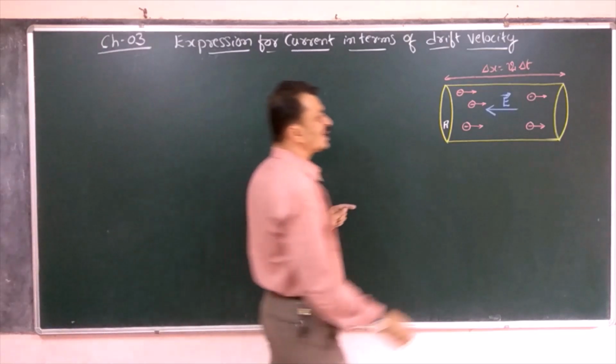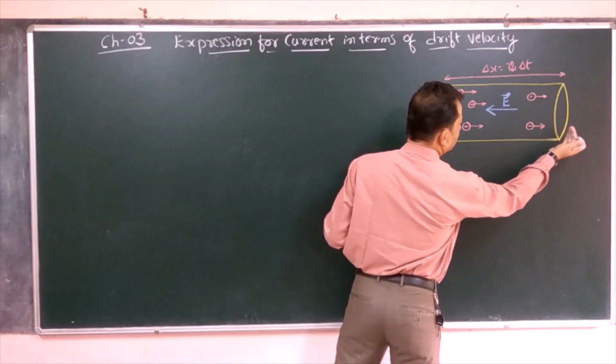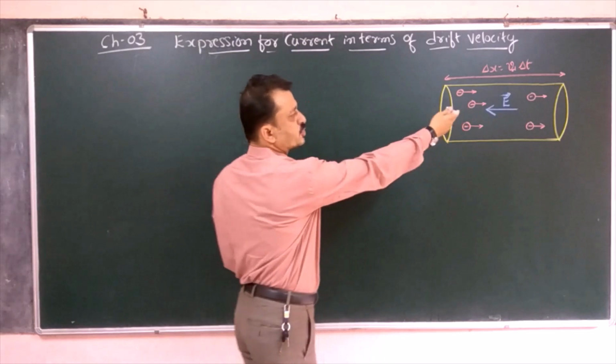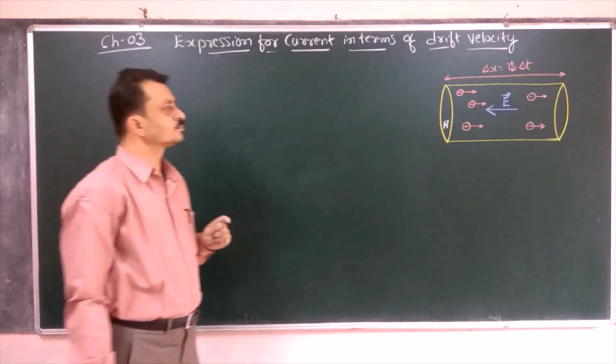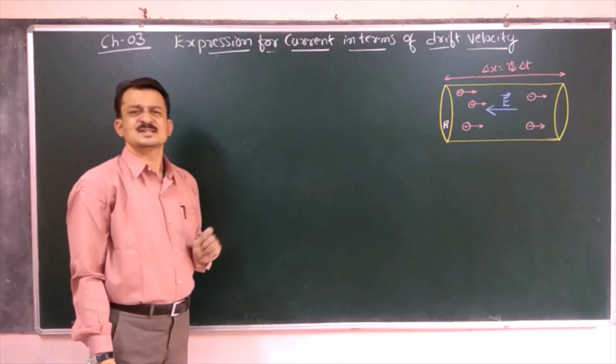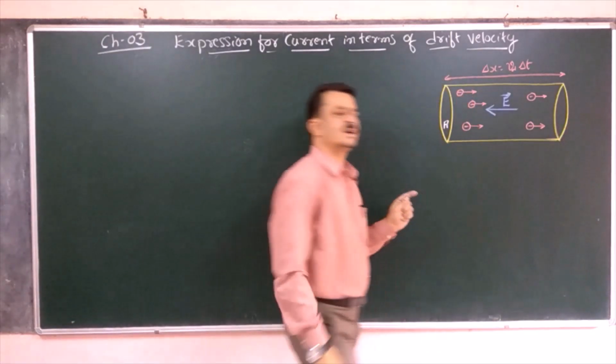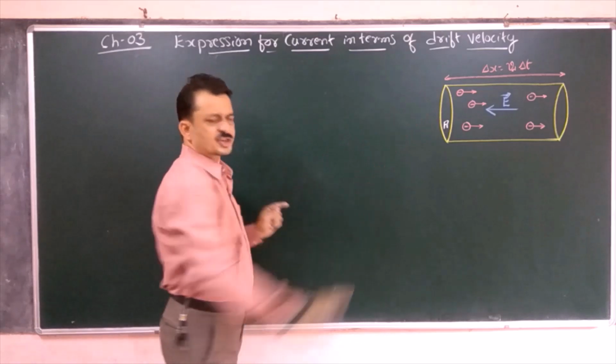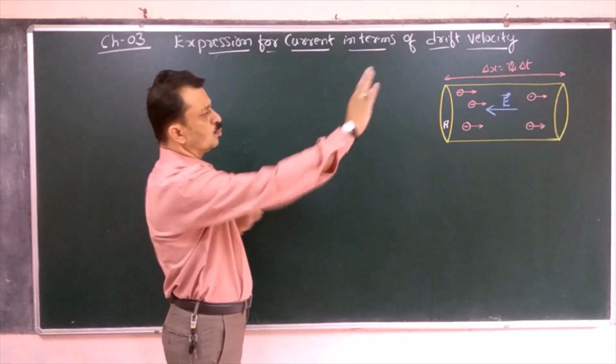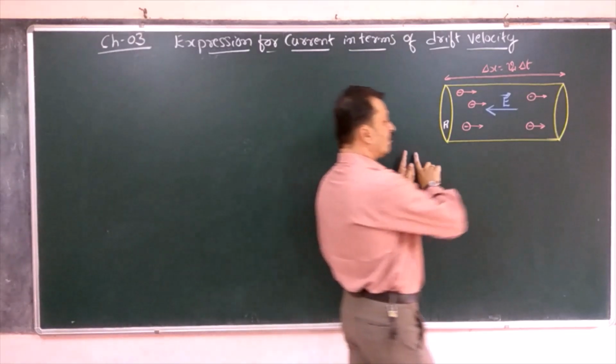We have applied an electric field from right towards the left as shown in the diagram. As the electric field is applied, the electrons get accelerated to the right. Electrons start to move from left to right.